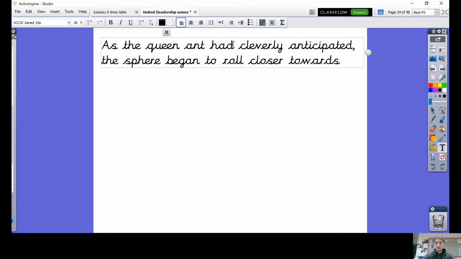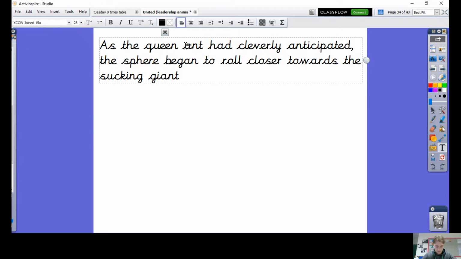I think a good way we can describe it is the sucking giant, because that's almost what it looks like to an ant, isn't it? It's trying to suck them up, and it's absolutely massive compared to them. So sucking giant could be a nice way to describe the anteater. Fantastic. Full stop. I think that's a really nice first sentence. So as the queen ant had cleverly anticipated, the sphere began to roll closer towards the sucking giant.